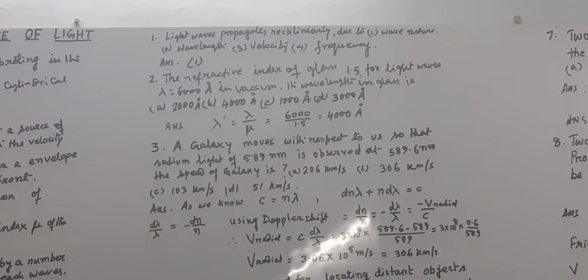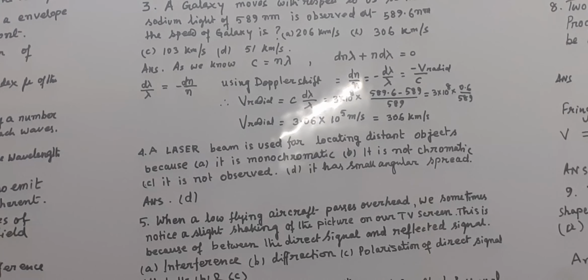of 589 nanometer is observed at 589.6 nanometer. The speed of the galaxy, there are 4 choices, we have to look for it. Then we know that c equal to n lambda, differentiating we can get d lambda by lambda equal to minus dn by n.